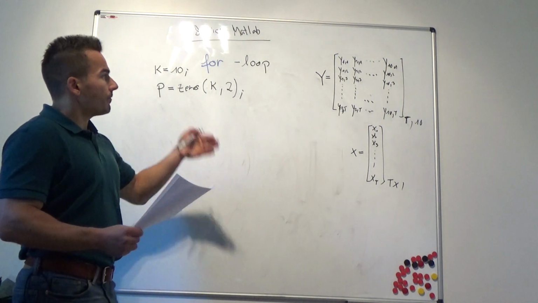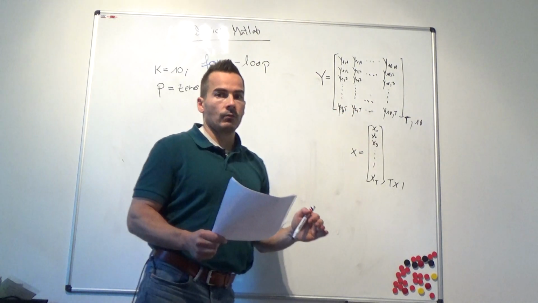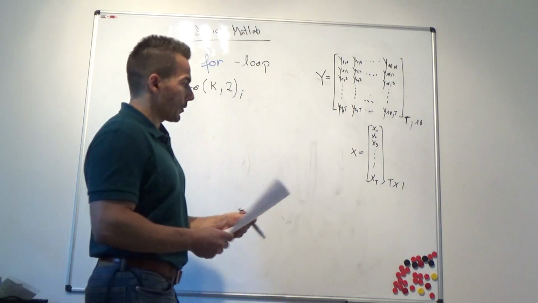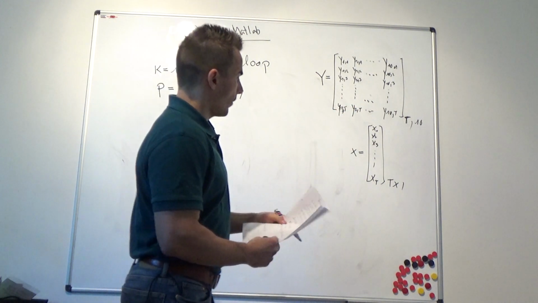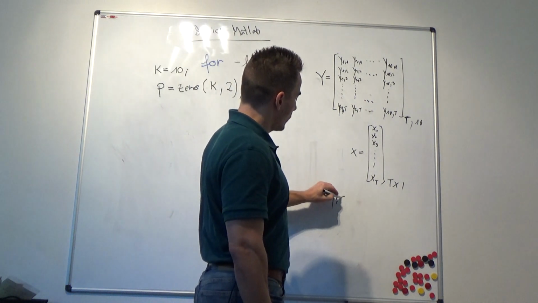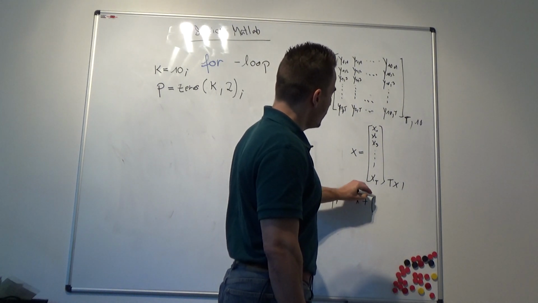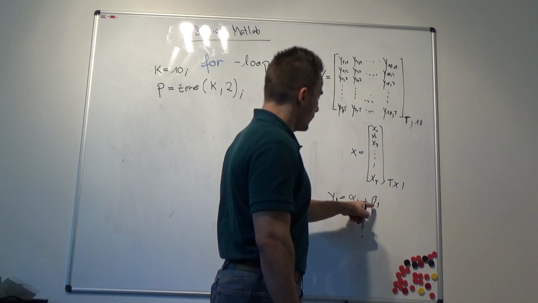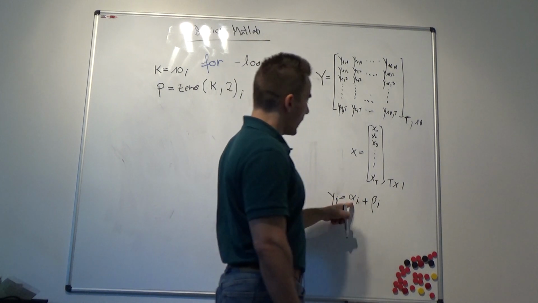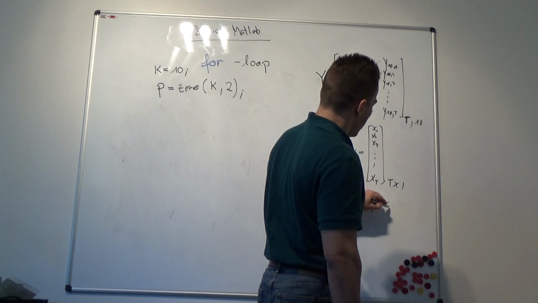What we want to do is store the alpha and the beta of each of our stocks. So we do an OLS regression of this form: y_i equals alpha_i plus beta_i times x_t plus u_t, where beta_i is the sensitivity against the market factor and alpha_i is the abnormal return of stock i.